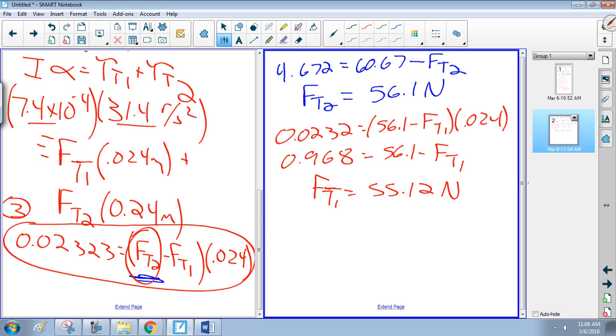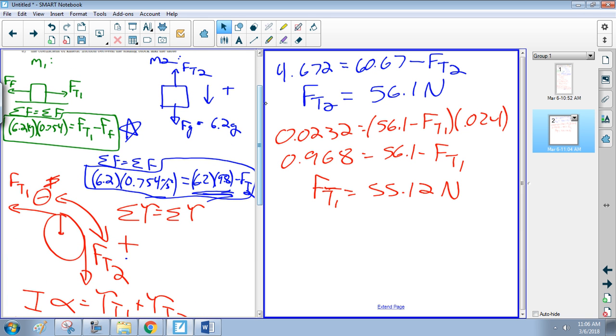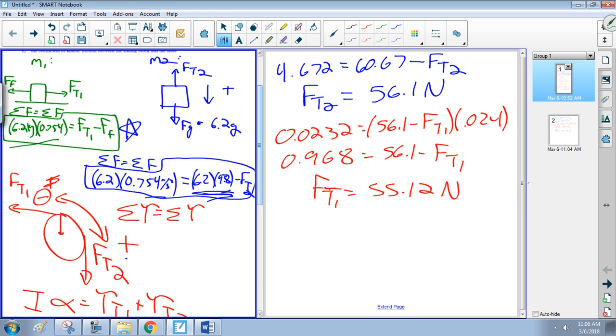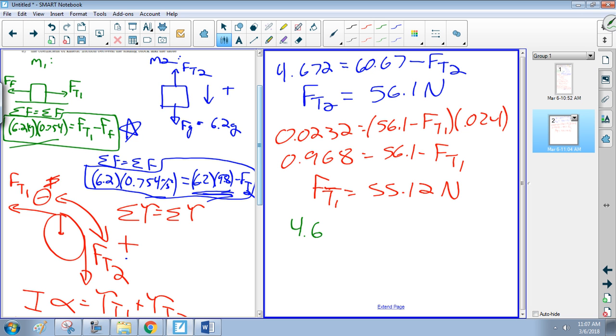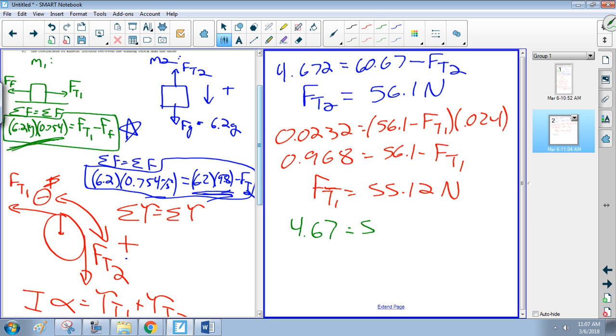And so now finally, we can go back up and do the green one. Okay, so the green one is going to give us, well, let's see, 6.2 times that. So 6.2 times, let's find that number from before so that I don't lose anything to rounding. All right, so that gives you 4.67, that's this thing, equals the force of tension 1 minus the force of friction.